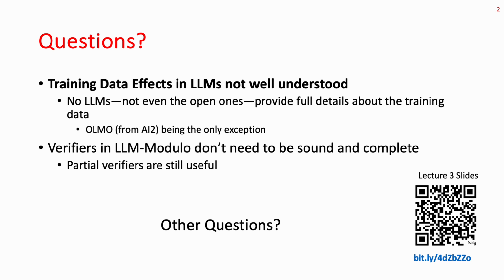Even when there are open models, they provide open weights but don't show the data on which they've been trained, and that matters for a systematic evaluation of whether you are guessing or actually reasoning. Olmo from AI2 is the only exception that provides its training data, but it's a smaller model. Commercial models obviously don't, and DeepSeek R1 also doesn't give the data.